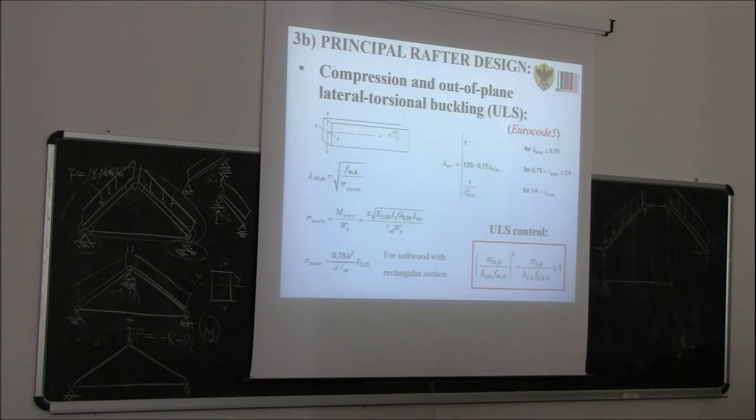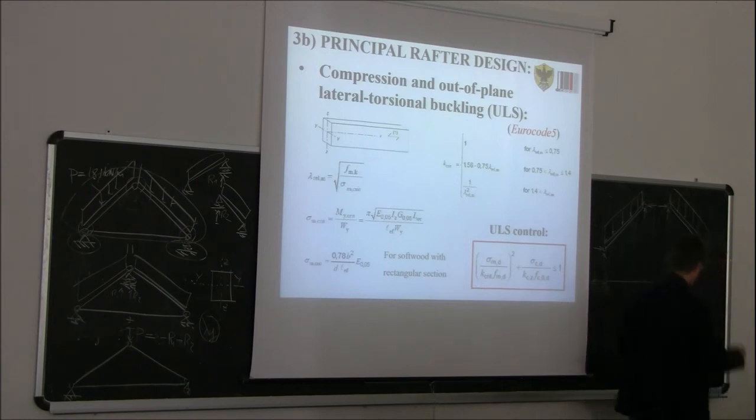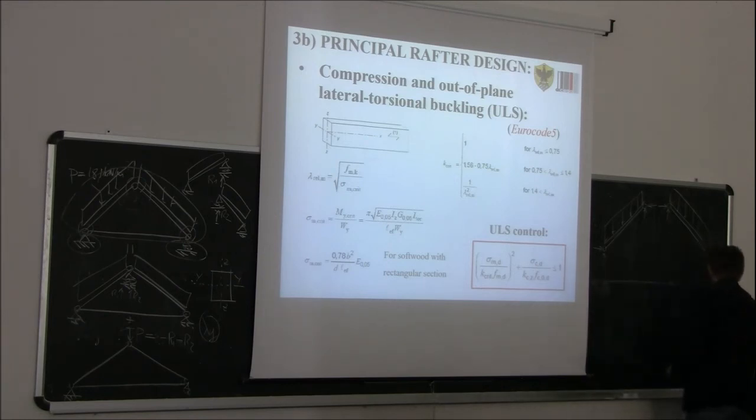Now we are checking again the out-of-plane buckling. So we are checking this possibility. That's our cross section, Y, Z. So this is the cross section of the rafter, the puntone. This one could buckle out of plane in this way.